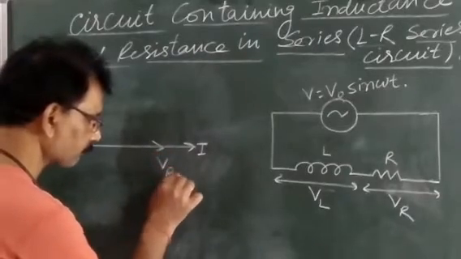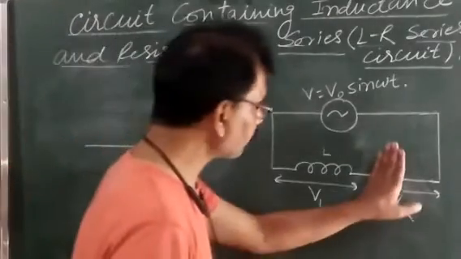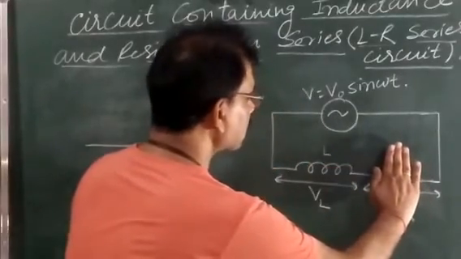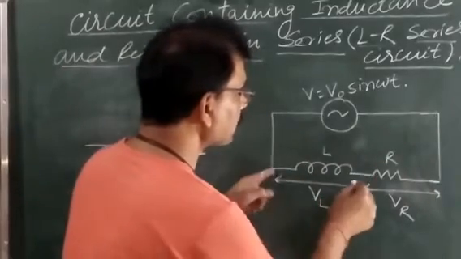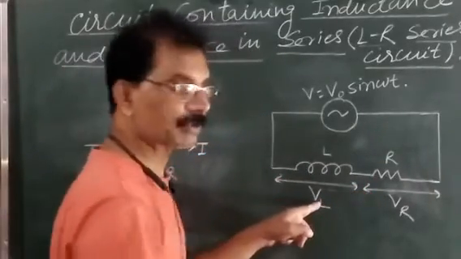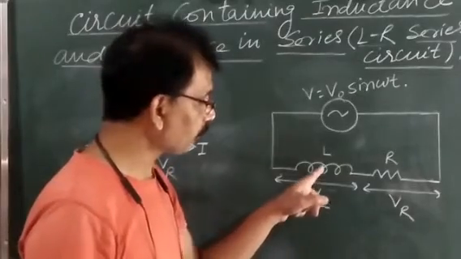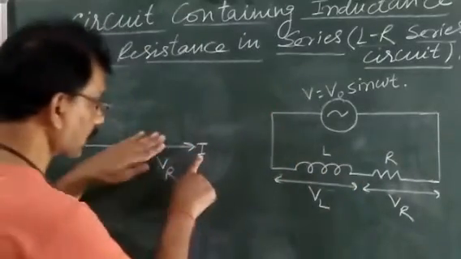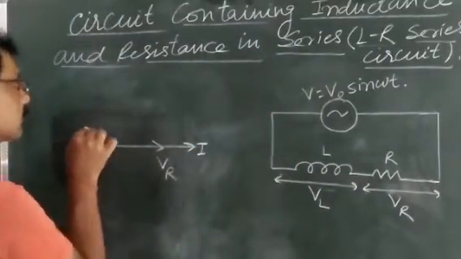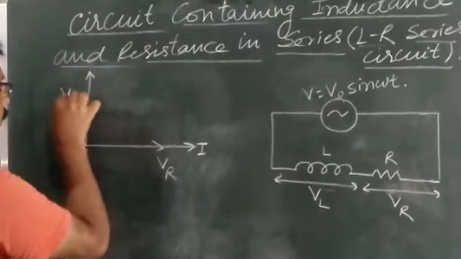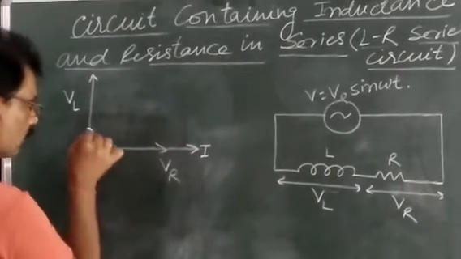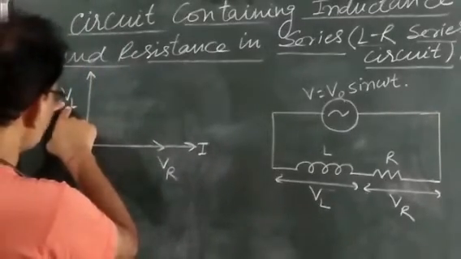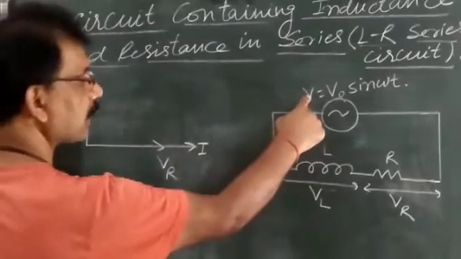Now when we consider only the inductor, the voltage across the inductor is VL, and it leads the current I by a phase angle of 90 degrees. So VL we will take upward, leading the current I by 90 degrees.